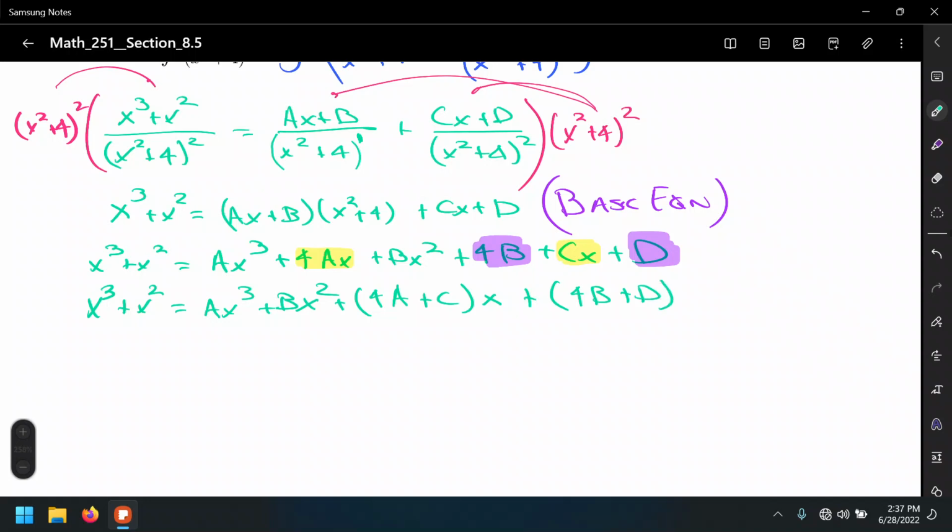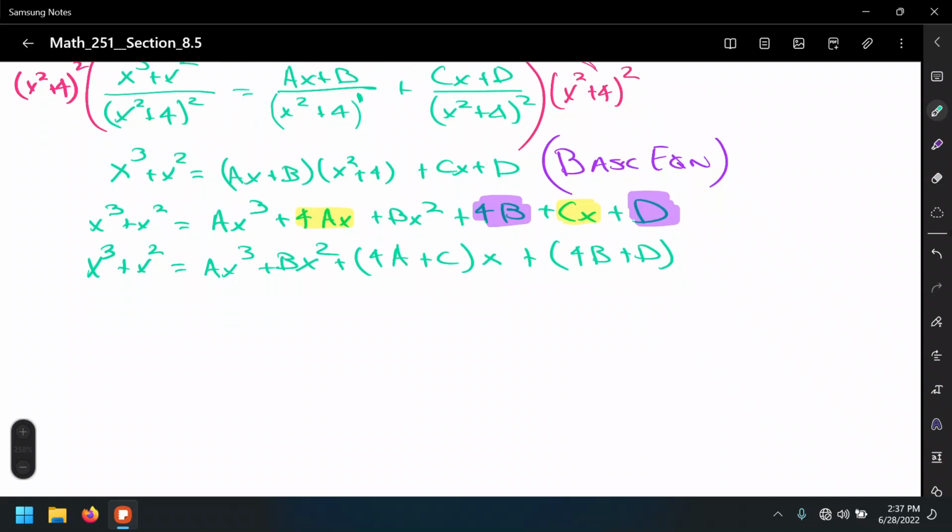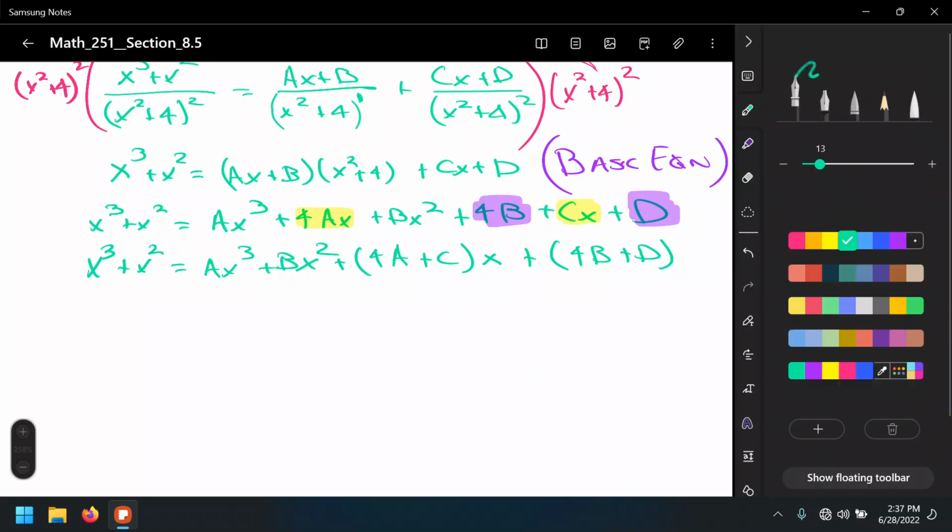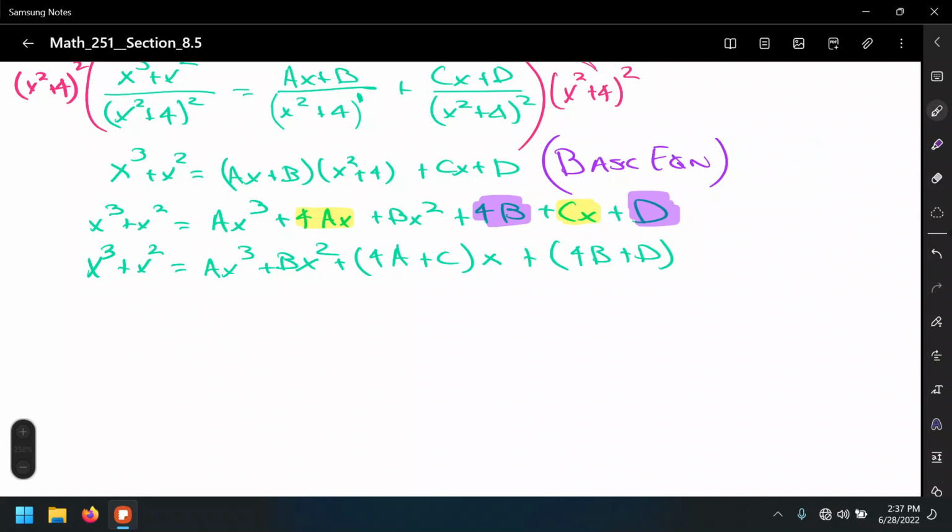Now, how does the equating coefficient or undetermined coefficient method work? Okay, let me make this a little more simple. What if I have something like 3x squared plus 4x plus 3 equals another polynomial with the same form?